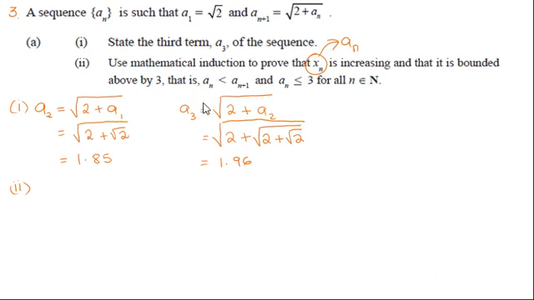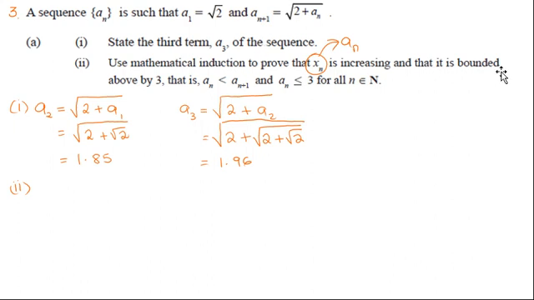They told us that we need to prove that a_n is less than a_n plus 1. That is for the increasing part, to show that the sequence is increasing. You're showing that a term is less than the term after it. If it's increasing, it means that the fifth term is going to be less than the sixth term, and so on, because the terms are increasing.